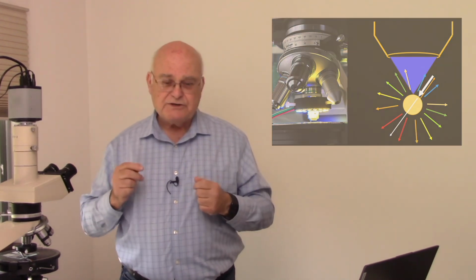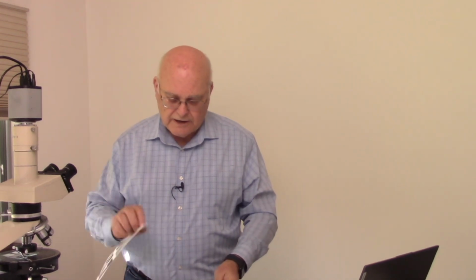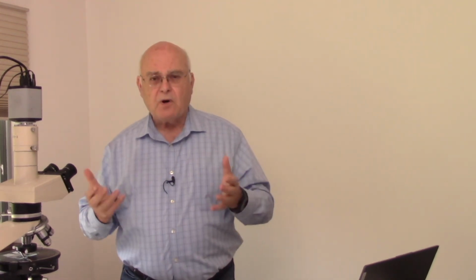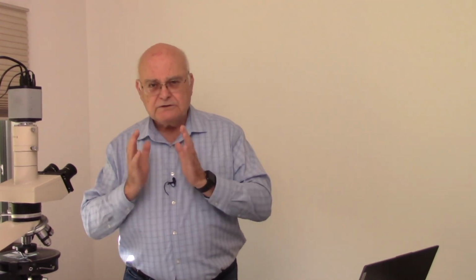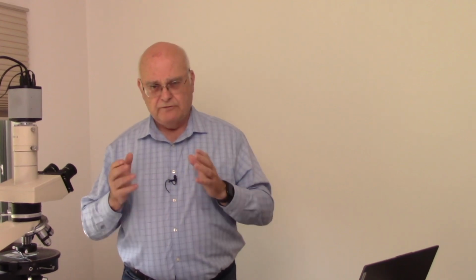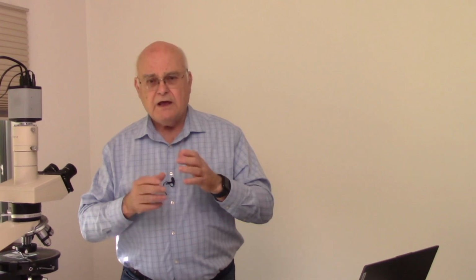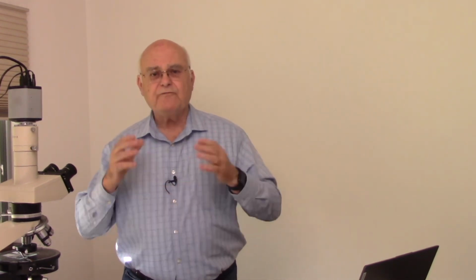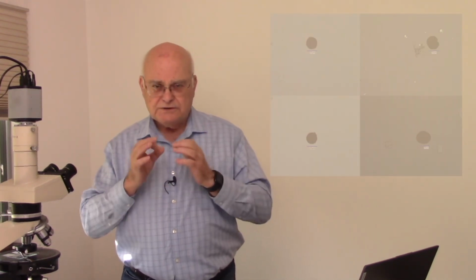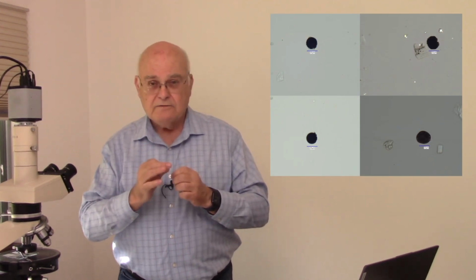Now let's consider a situation in which we're looking at black particles in one single sample of an environment. This was a sample out of an office environment, and as we scanned the sample, we found a number of small black, or what appeared to be black, circles.